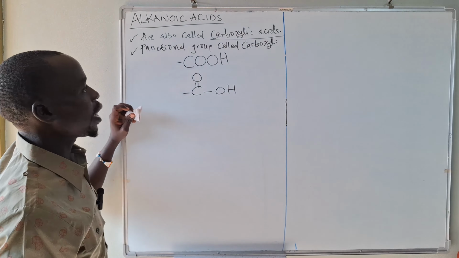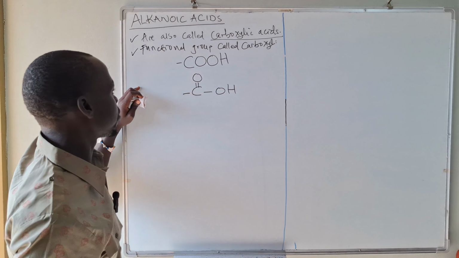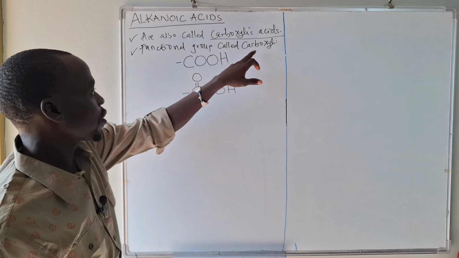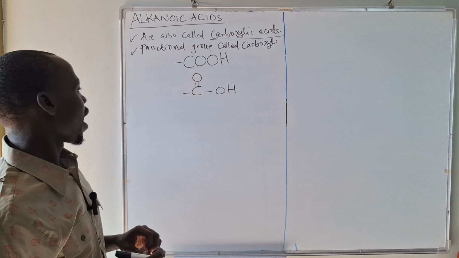So this is what we call the carboxyl group, or the carboxyl functional group. This functional group itself is called the carboxyl, and it is the functional group of alkanoic acids.